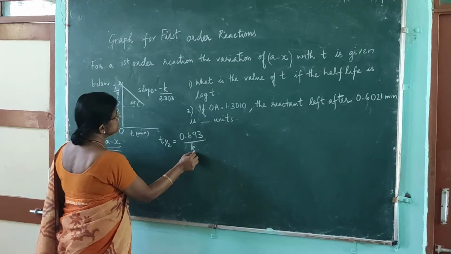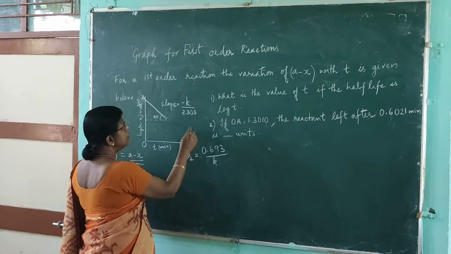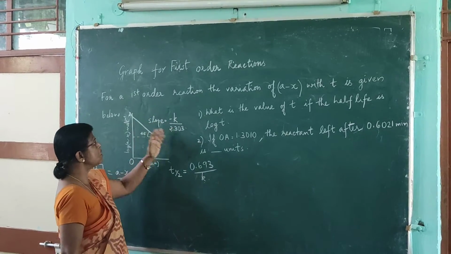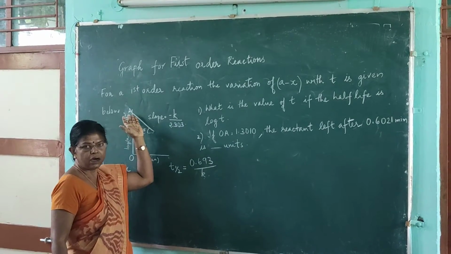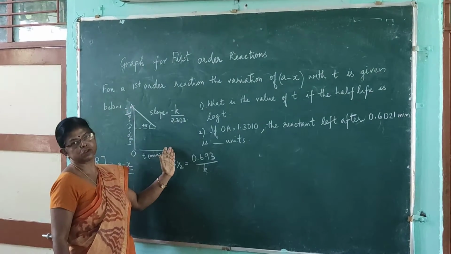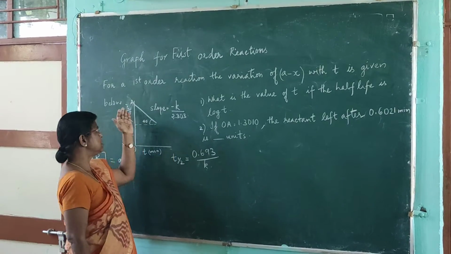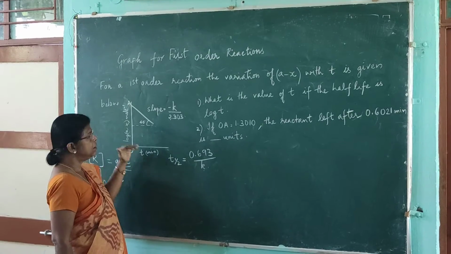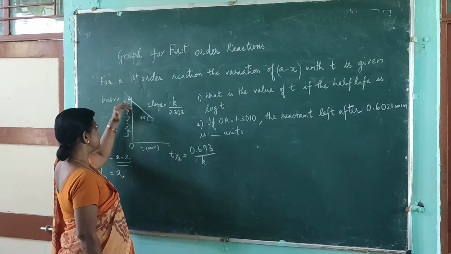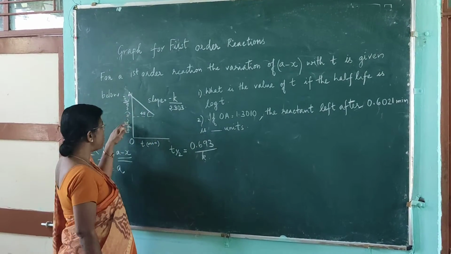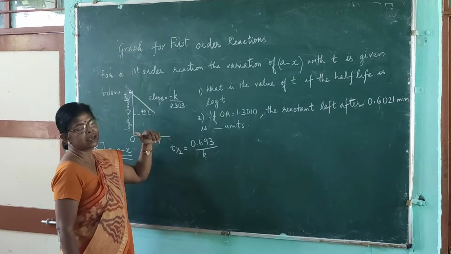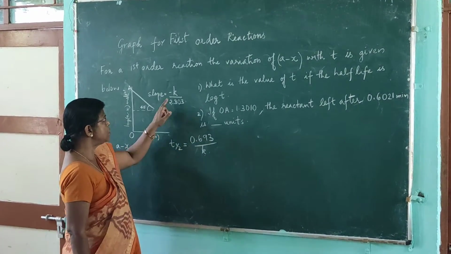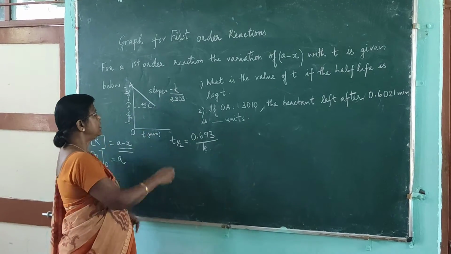You can omit the negative sign because it just shows that the line has a negative slope: as the time is increasing, the amount of the reactant keeps on decreasing. That is the meaning of this. So without the negative sign, we will put it here.